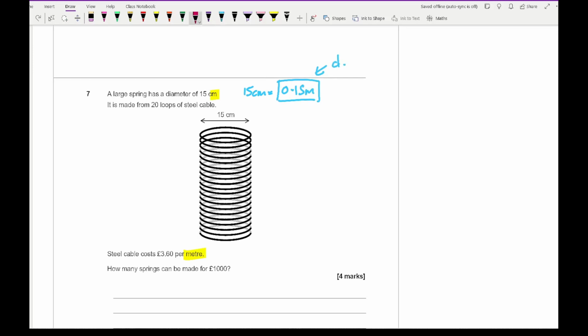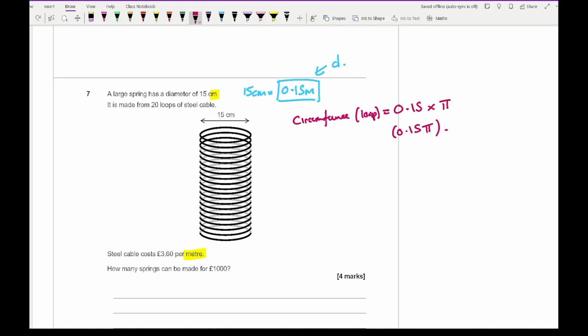So first things first, let's work out the circumference of a spring. So circumference of one loop, and that's going to be 0.15 times pi, which I'm just going to simplify as 0.15 pi.